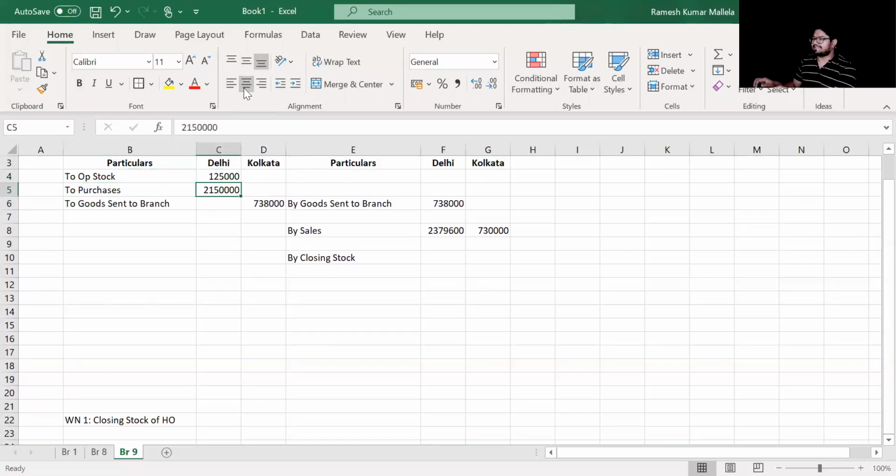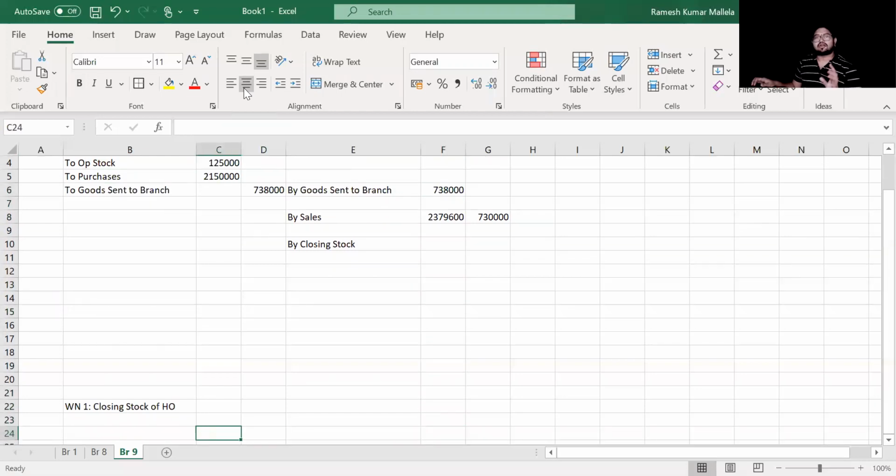And then he has purchased 21,50,000 worth of goods directly from the open market, out of which he sent some goods to Kolkata, and also he made some sales. Okay. So now we are supposed to take cost of these goods sent and also cost of sales. Okay. So let us take each of these items independently.